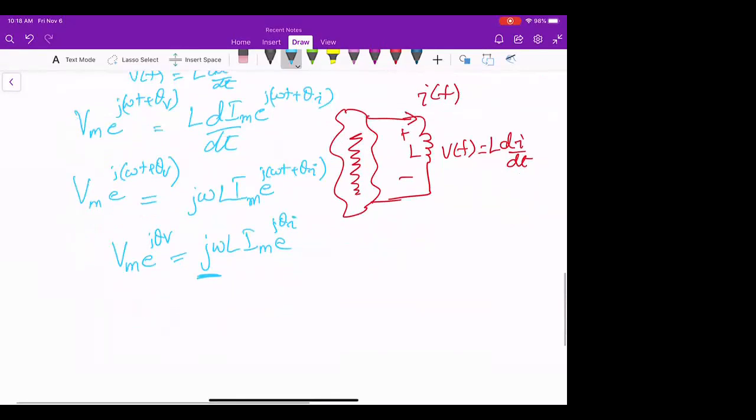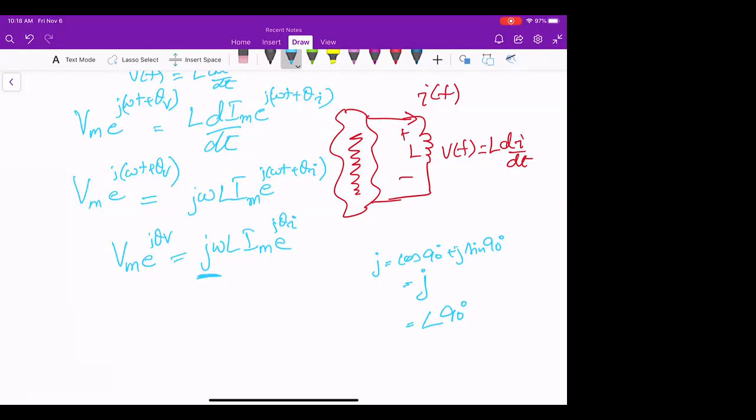Multiple times using Euler's identity, we have defined that j is actually cos 90 plus j sin 90, which means that the angle is 90 degrees if you have a j in your circuit.